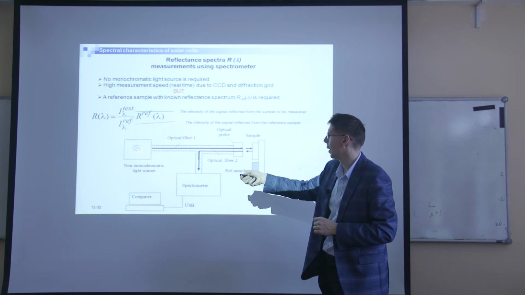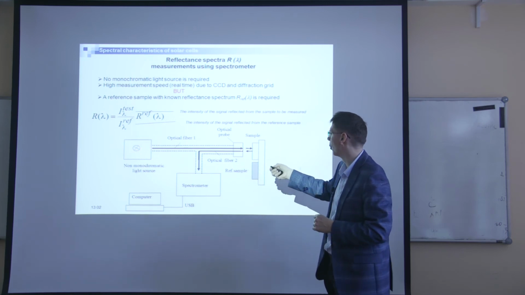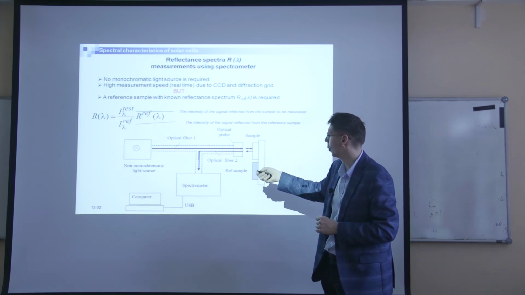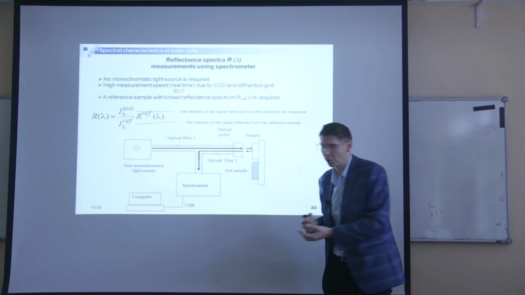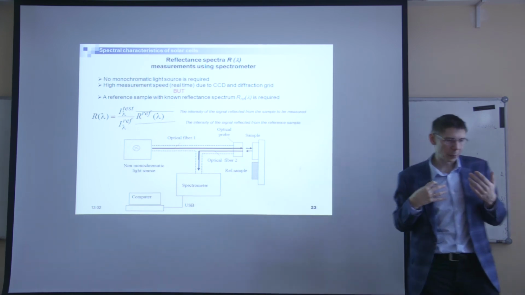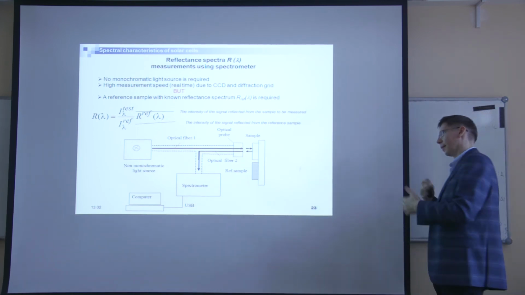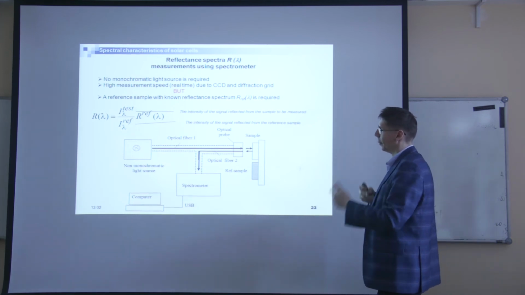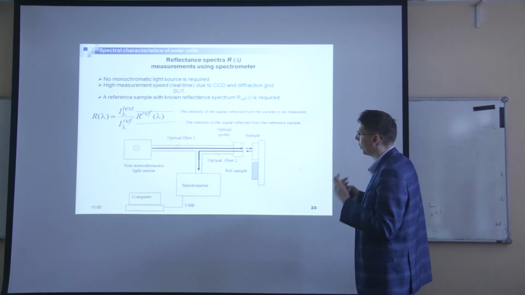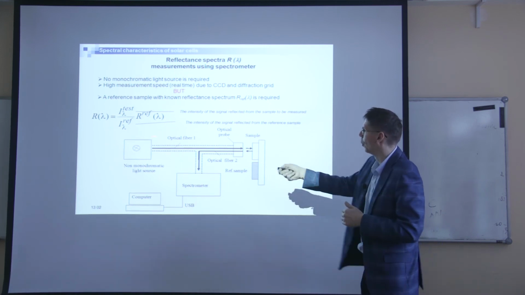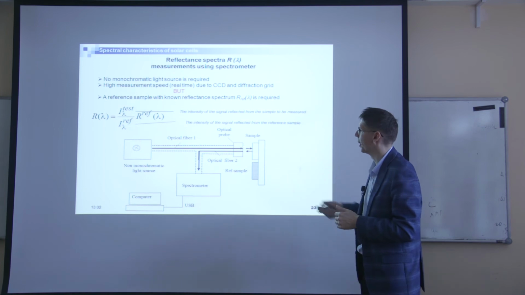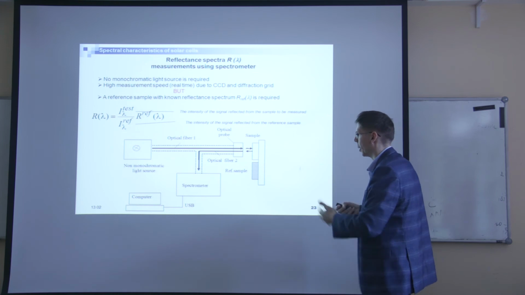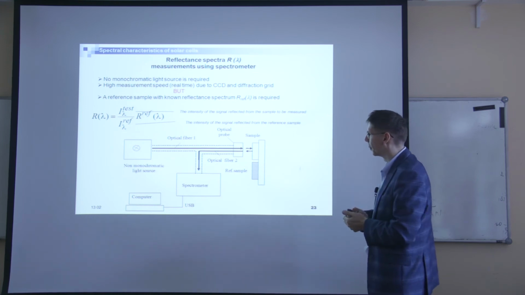Here you have a source of light, and with one fiber it goes directly to the sample, reflects from the sample, goes back and goes to the spectrometer. Approximately the same optical design you can construct without optical fibers, just with light which goes and reflects, and then combine this idea with the optical fiber.